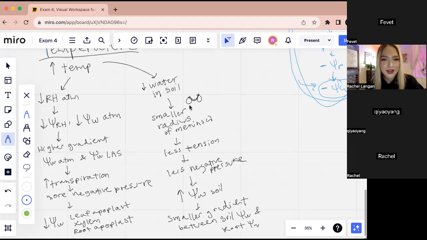Decreased radius of menisci would actually cause more pull between the water molecules. So that would be more tension, which would be more negative pressure.